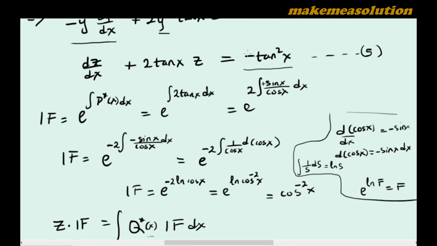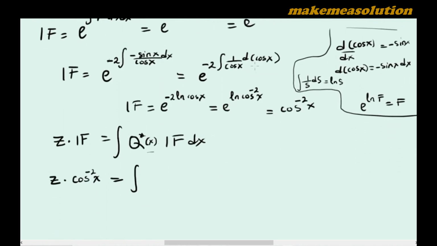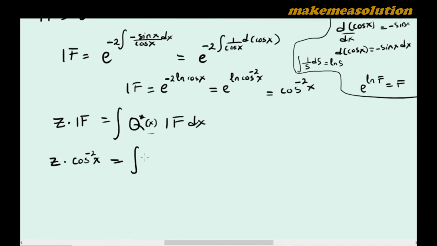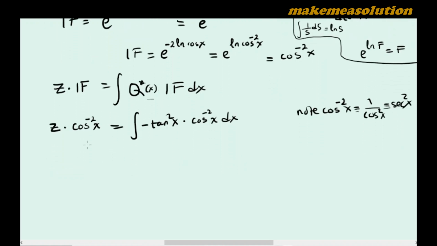See that the augmented q of x is minus tan squared x, so you now have minus tan squared x multiplied by the integrating factor, which is cos to the minus 2 of x, dx. Now note, cos to the negative 2 of x is still the same thing as 1 over cos squared x, and this is sec squared x. So I'm going to replace this with sec squared x.